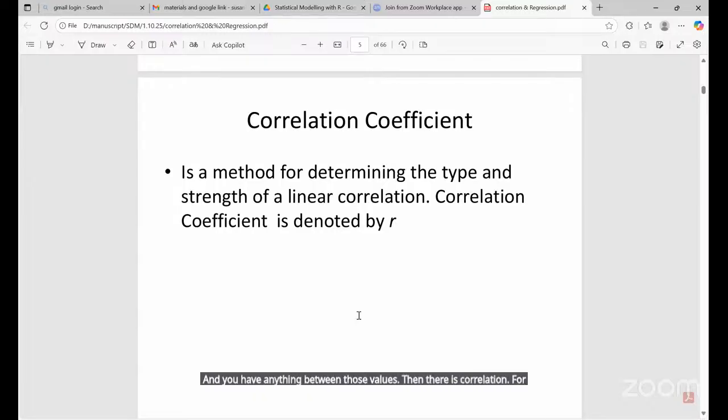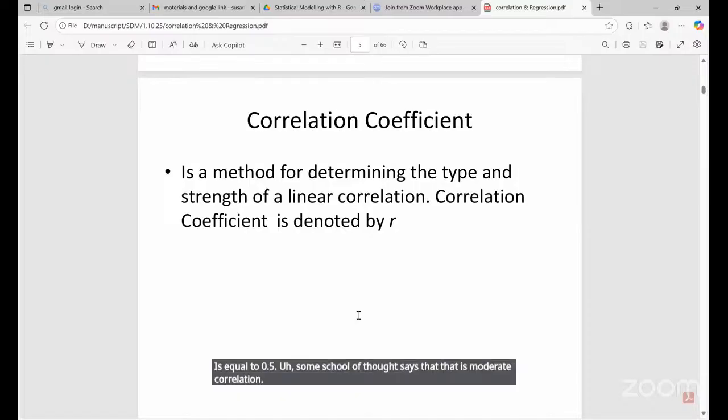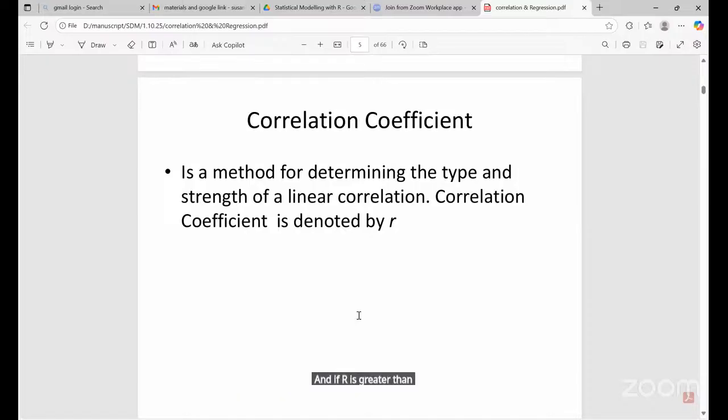For example, if your small r is equal to 0.5, some school of thought says that that is moderate correlation. And if r is greater than 0.5, then that is strong correlation. And when r is less than 0.5, then the correlation is weak.